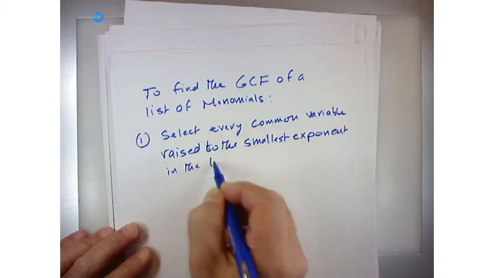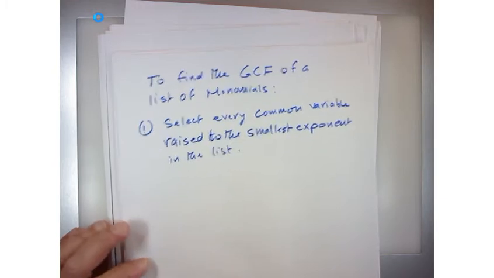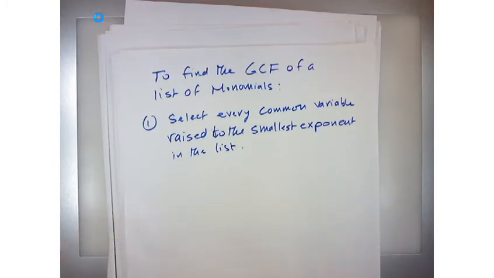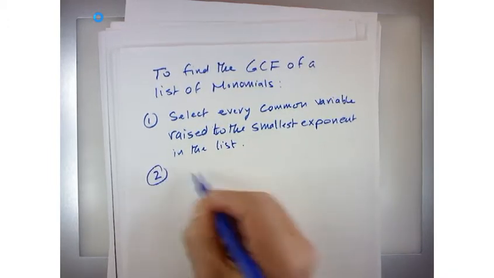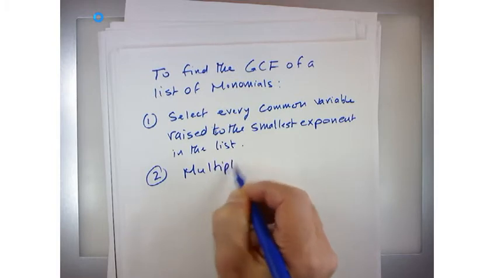So if in one monomial we have x, in the second we have x squared, in the third we have x to the 4, we pick x. We always pick the variable that's common to all of them with the smallest possible exponent. And then you multiply these to get the GCF.